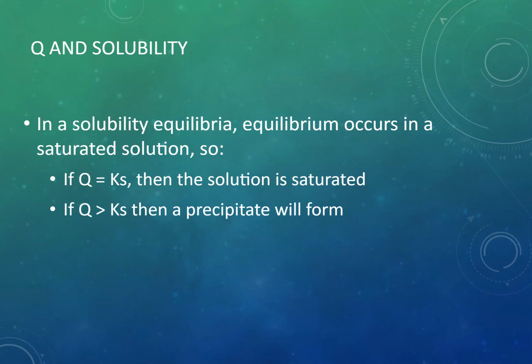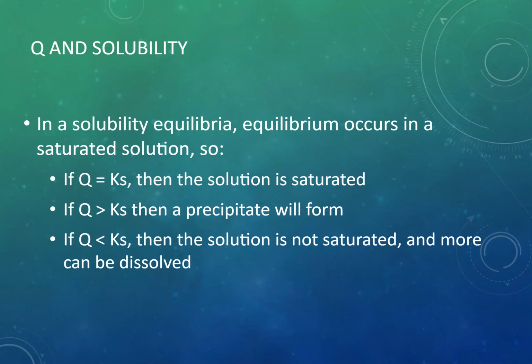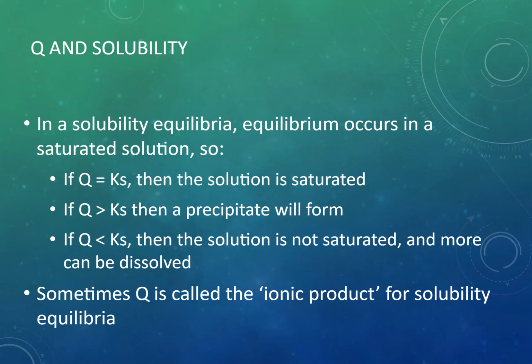If Q is greater than Ks, then a precipitate is going to form because the concentration of the products is greater than at equilibrium, it's supersaturated, so you're going to get precipitation happening. And if Q is less than Ks, then it's not yet saturated, so you can dissolve some more of the solid.